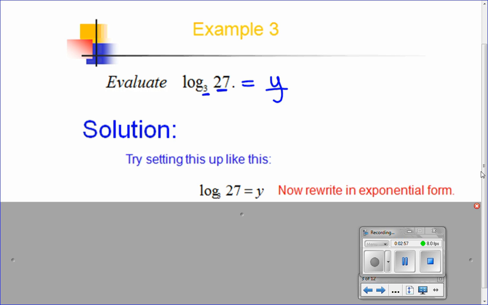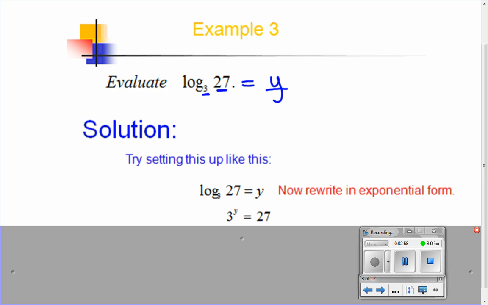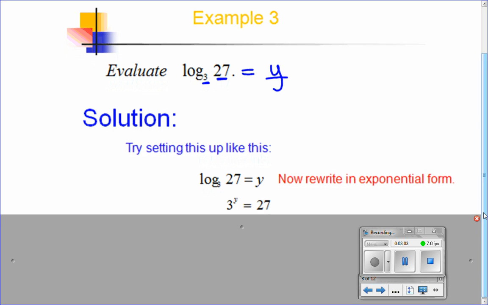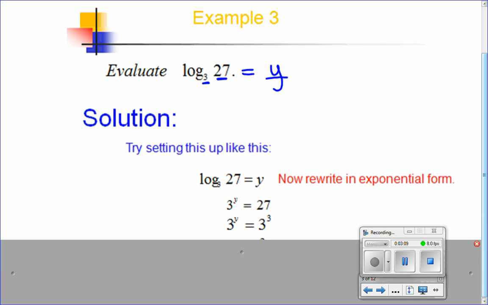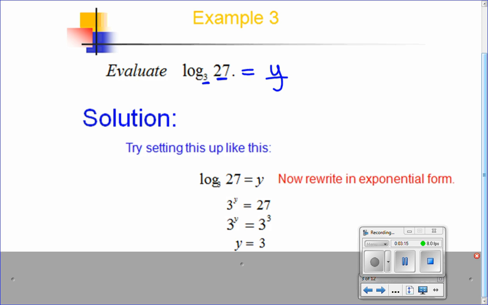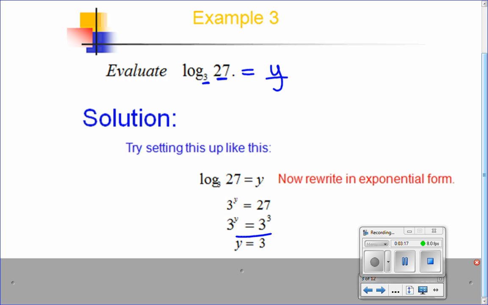Okay, so we've got this in exponential form. 3 to the power of y is equal to 27, and we can write 27 with a base of 3, and we know that's 3 cubed, so 3 to the power of y is equal to 3 cubed. We've got the same base on both sides, so we can cancel our base and equate our exponents. So y is equal to 3.